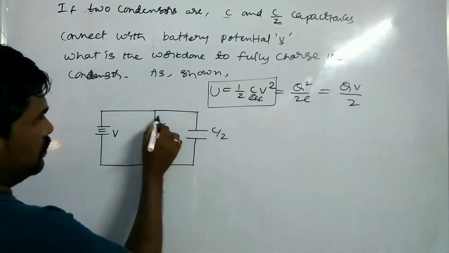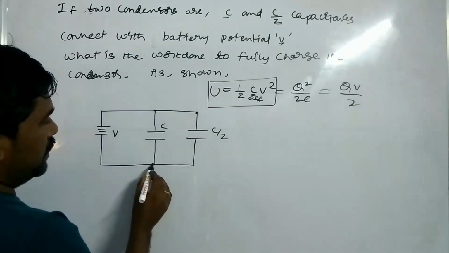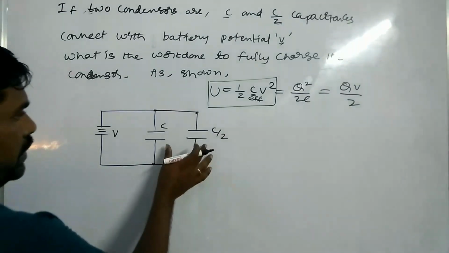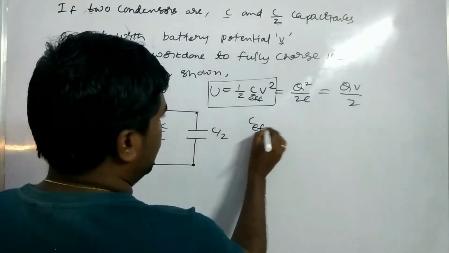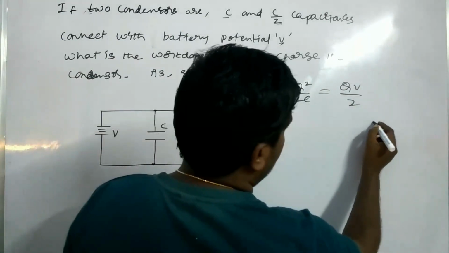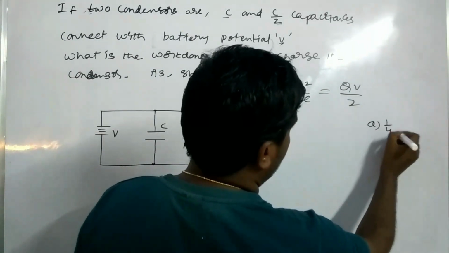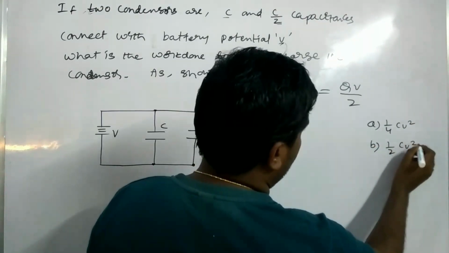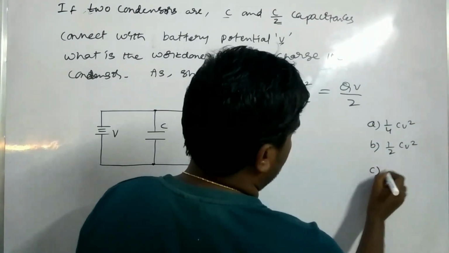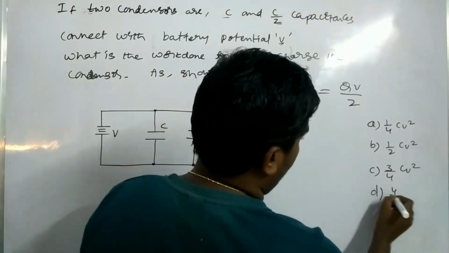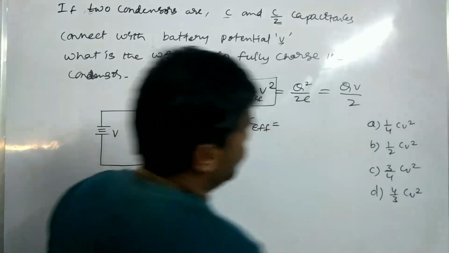These two are in parallel combination, so by the parallel combination, C effective you can write. The options are A: 1 by 4 CV square, B: 1 by 2 CV square, C: 3 by 4 CV square, D: 4 by 3 CV square.